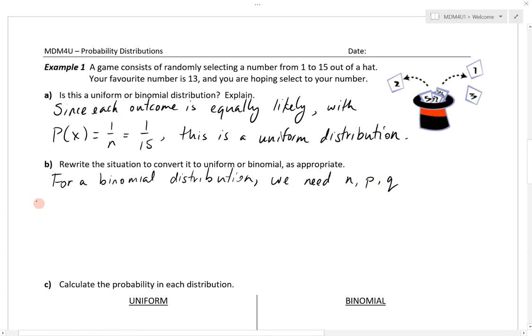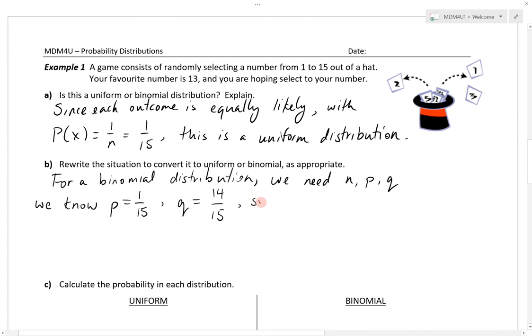We already know that the probability of having a success, p, is 1 out of 15, which means the probability of failures, Q, is 14 out of 15, because P and Q have to add up to 100%.